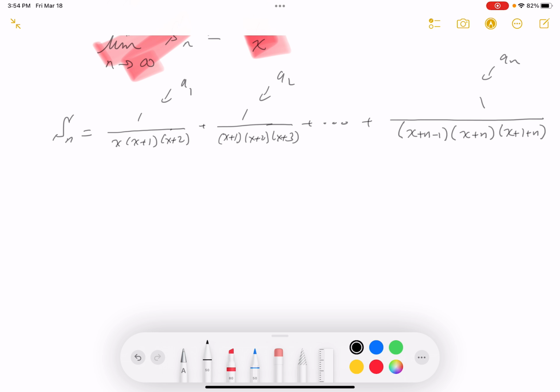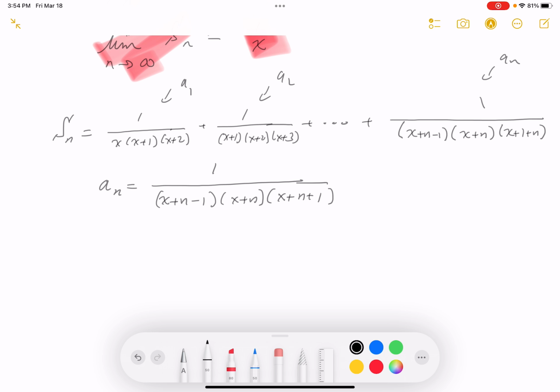So I can write down A_N now. A_N is going to be 1, x plus N minus 1, x plus N, and x plus N plus 1. I just reordered that last factor.